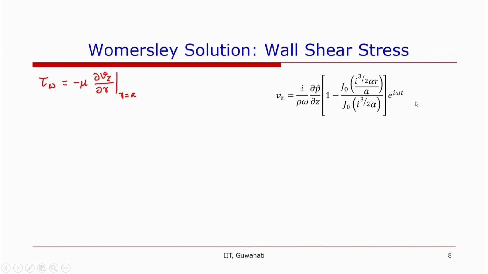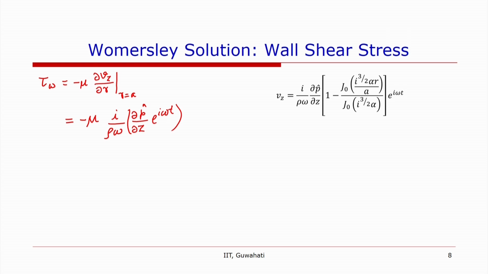From this velocity profile we want to obtain wall shear stress, which is the derivative of this. So to obtain wall shear stress we will differentiate the velocity term, so it will be minus mu multiplied by i over rho omega del p over del z exponential i omega t, which is the time dependent pressure gradient.